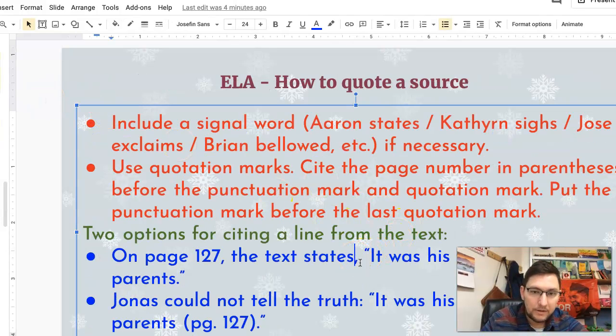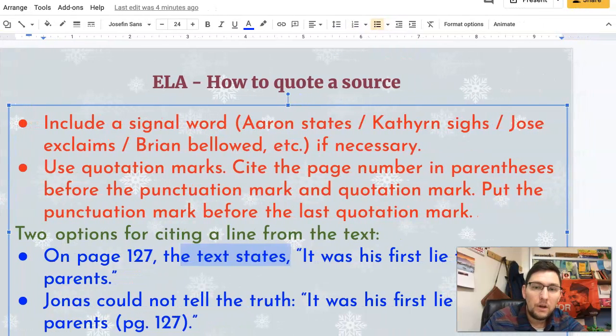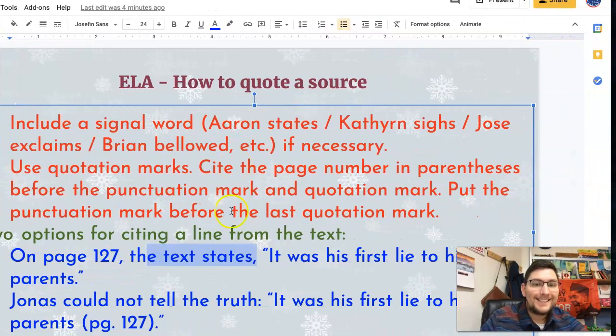So notice right here where it says the text states. Okay. So the text states, comma, space, and then you start your quote. Now listen, whether it's dialogue, which means it's in quotation marks in the book, or not, you still include quotation marks, right? Because it tells me that these aren't your words, this is from somewhere else.